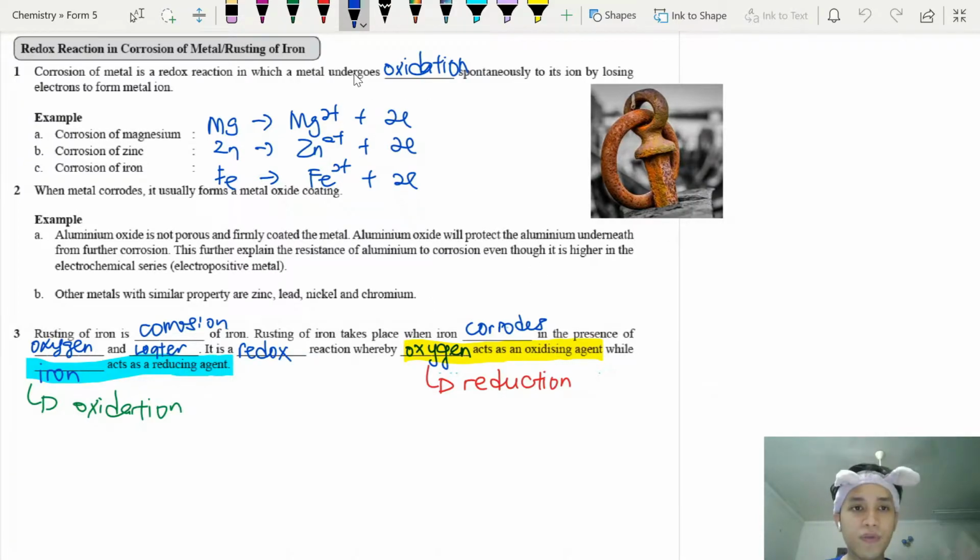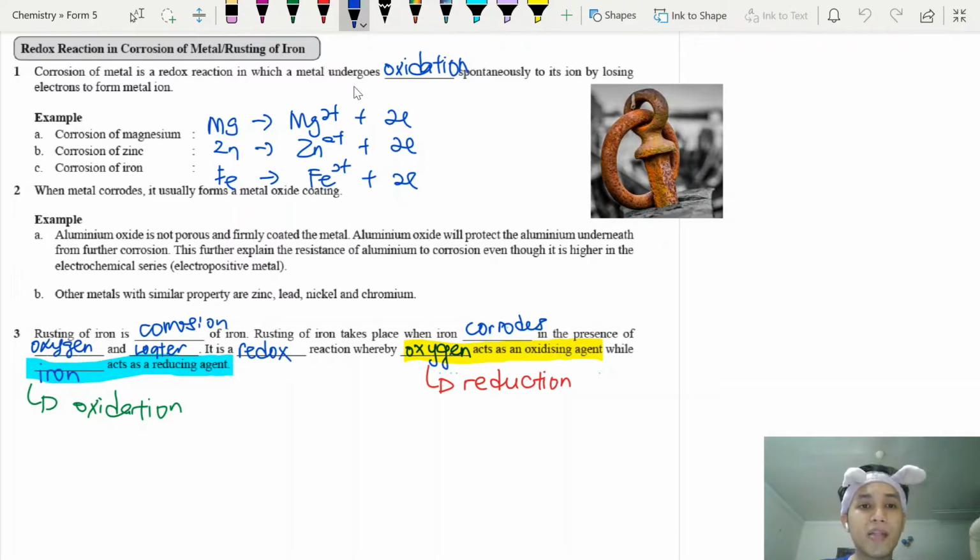Alright, so before we go into the mechanism, a very short introduction of the meaning of rusting. Basically, what we are learning here is that metals, when they undergo oxidation, are going to release electrons. If you remember your electrochemical series, the one on top is more electropositive, so they are going to undergo oxidation.